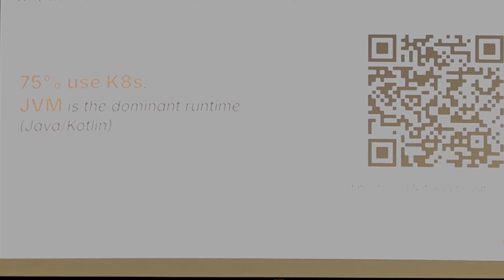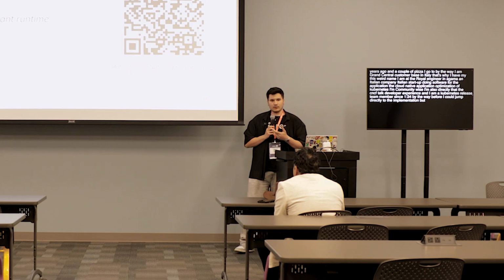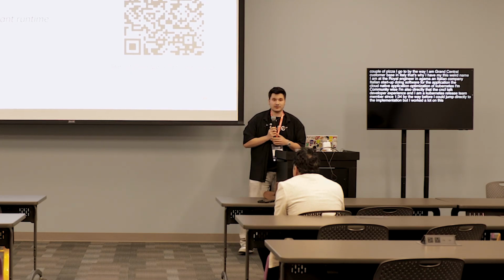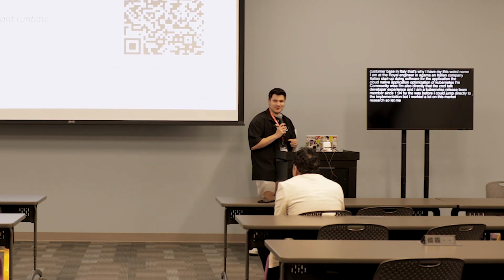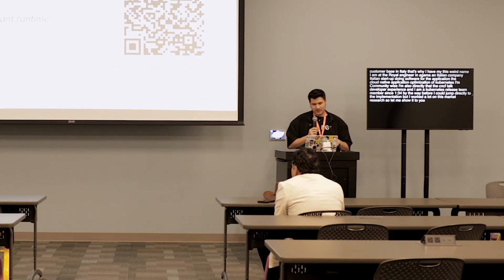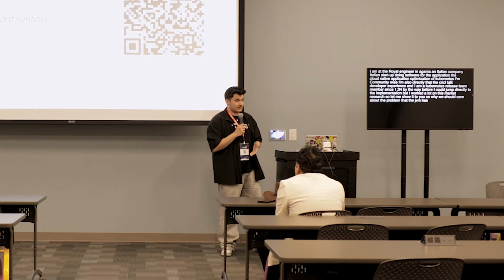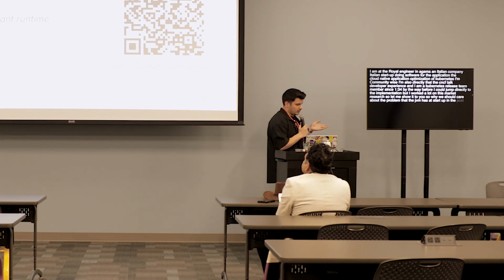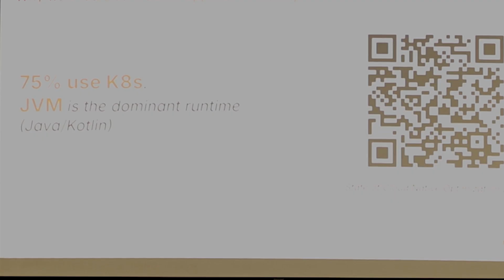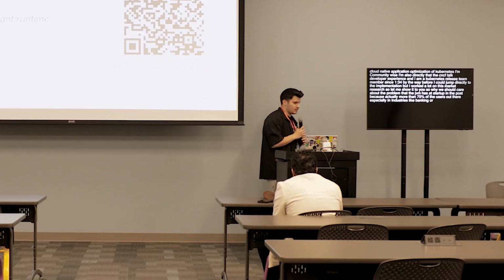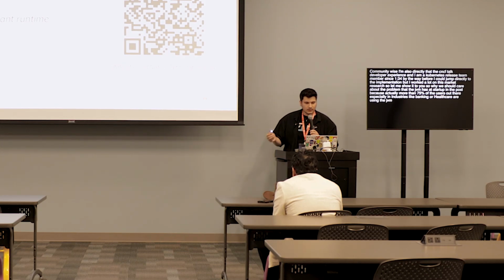Before I jump directly to the implementation, I worked a lot on this market research, so let me show it to you. So why should we care about the problem that the JVM has at startup in the pods? Because more than 75% of the users out there, especially in industries like banking or healthcare, are using the JVM to run their workload.